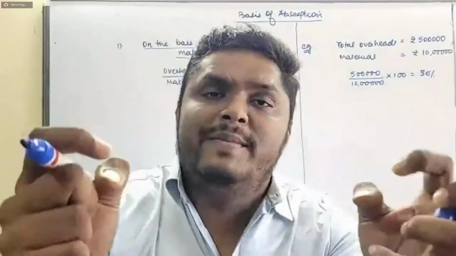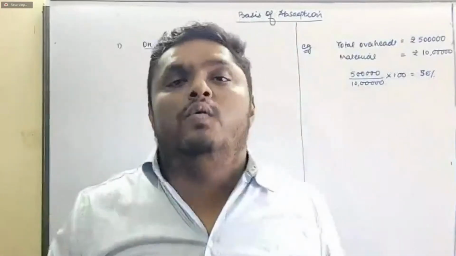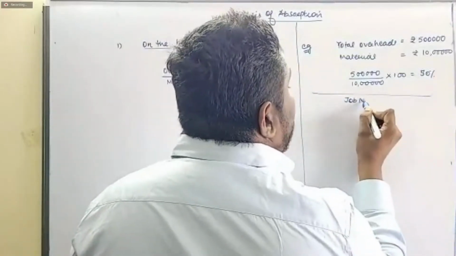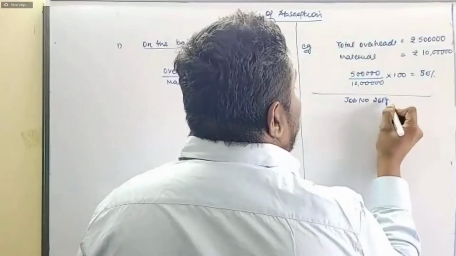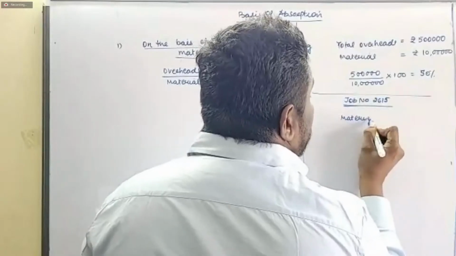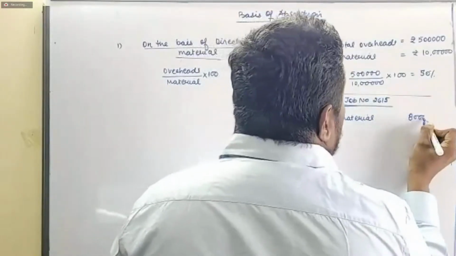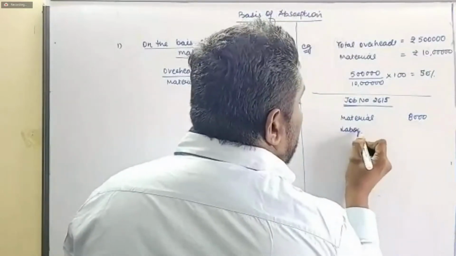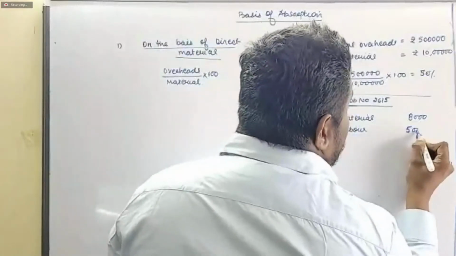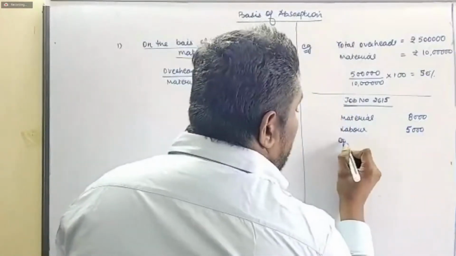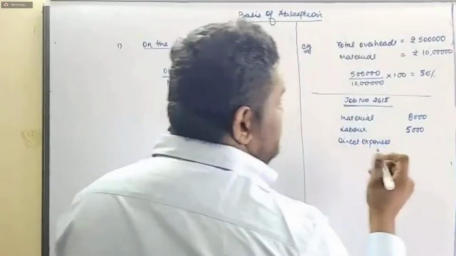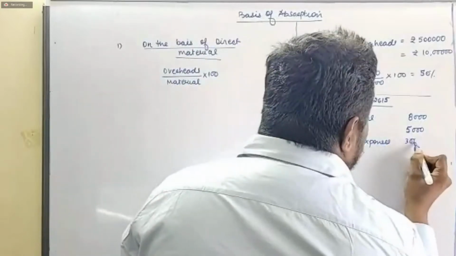It means whatever material is used, 50% of that will be our overheads. Let's say there is a job order number 2615, wherein my material cost is 8,000, my labor cost is 5,000, and my direct expenses are 4,000.